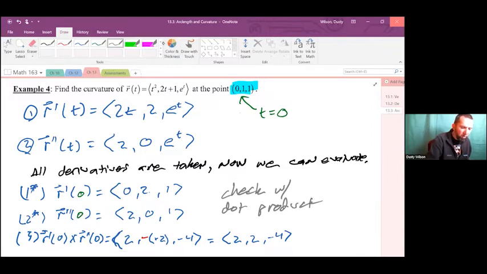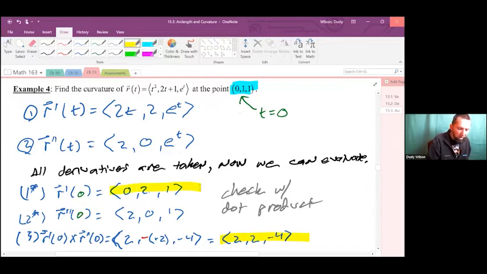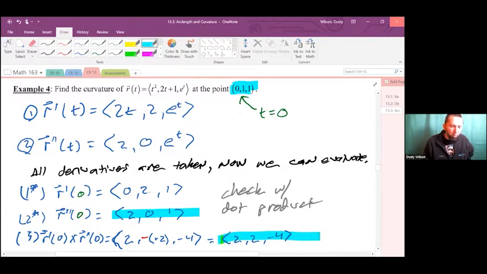So if I want to check with the dot product, I'd be taking this yellow vector and dotting it with the other yellow vector. So 0 times 2 plus 2 times 2 plus 1 times negative 4. Yep, that equals 0. And then I'd be taking the blue vector and dotting it with the blue vector. 2 times 2 is 4, plus 0 times 2 is still 4, plus 1 times negative 4 is 0. So yep, we did our cross product correctly. We found a perpendicular vector.